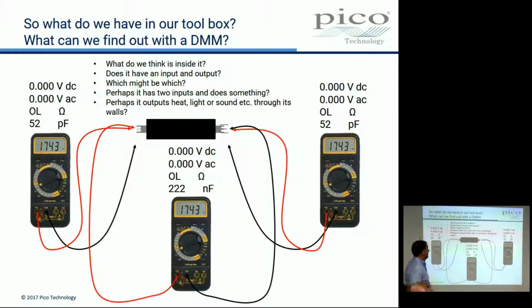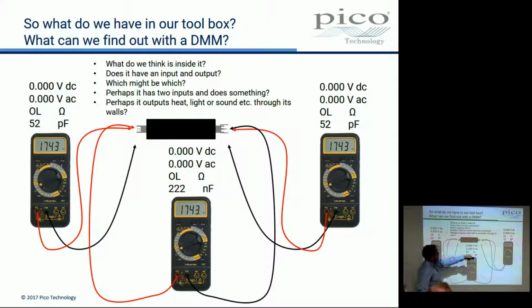Now, what we've had for a very long time is the famous old DMM, the digital multimeter, and we can usually find some things out about black boxes like this simply by putting a DMM around it. So I did. I measured the input port: no volts coming out, no volts AC or DC, overload on ohms, 52 picofarads on input capacitance.